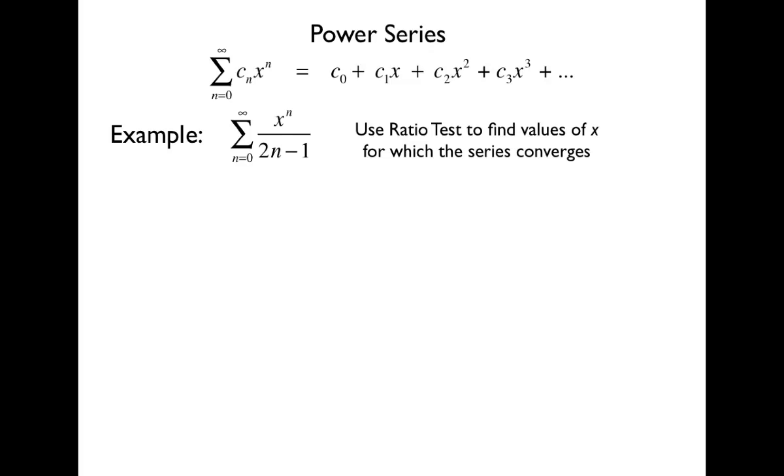Brady, how'd you do? Tell me not the answer, what did you start with? I did x to the n plus 1 over 2n plus 1, multiply that, and it's all absolute value, times 2n minus 1 over x to the n. Almost.